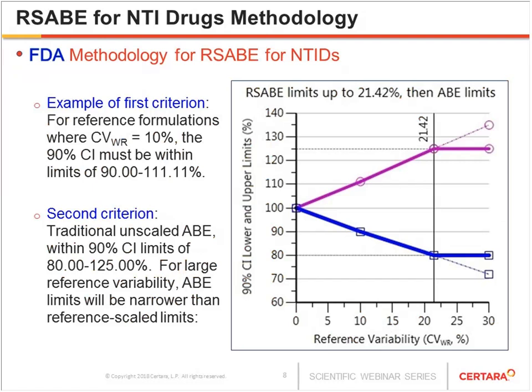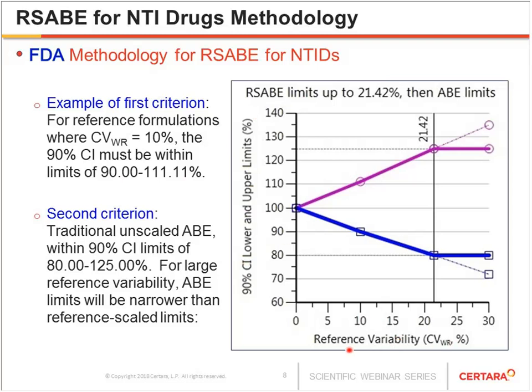An example of the first criterion for reference formulations where the coefficient of variation within subject for the reference is approximately 10%, the 90% CI must be within limits of 90 to 111.11%. And we see over here on the plot where we have the 90% lower and upper confidence limits on the y-axis, and the reference variability expressed as a CV% for within subject for the reference formulation on the x-axis.